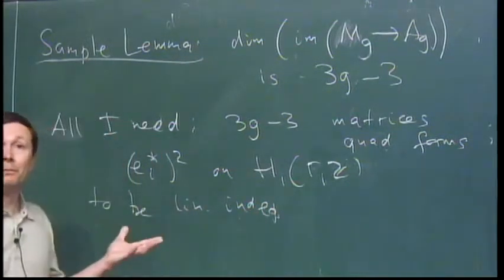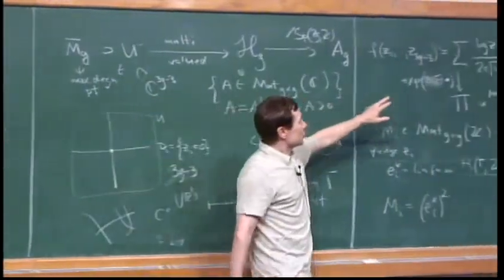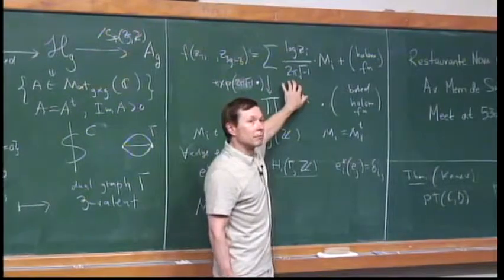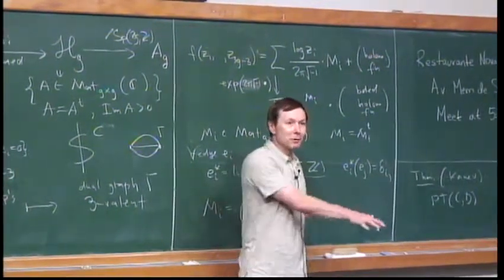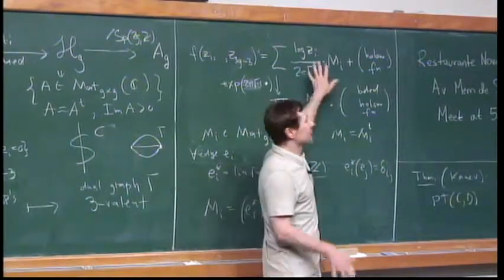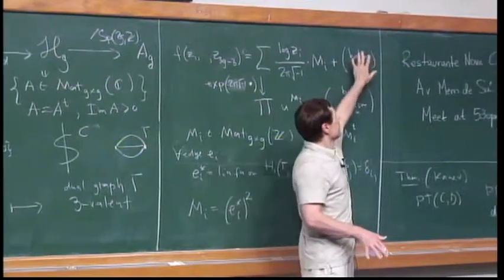That's all I need. If they're linearly independent, then just looking at the principal part of this formula, you see that the image has dimension 3g minus 3. There are 3g minus 3 things that go to infinity independently, and this you can ignore.